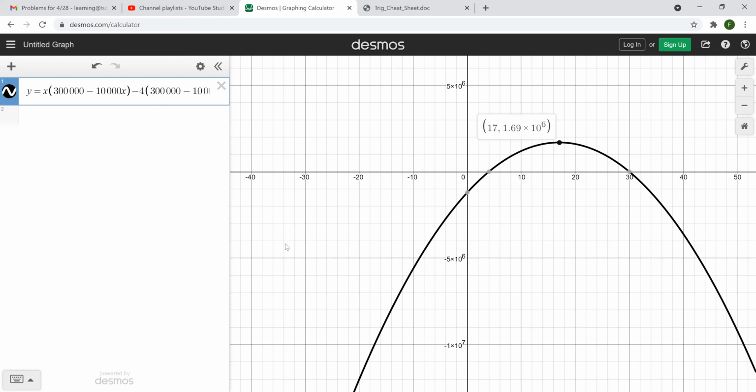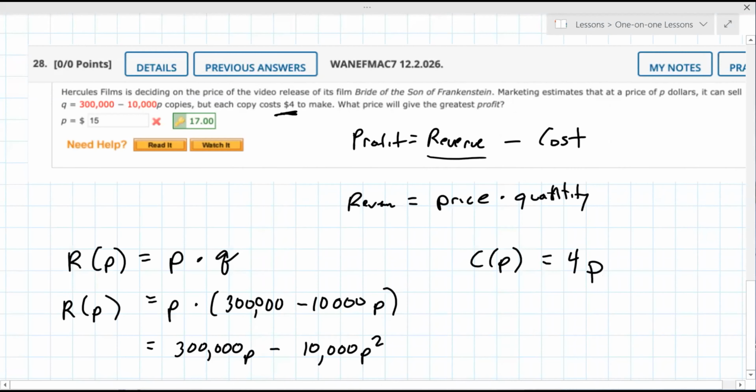I'll try to explain that now, going back to the other screen, and do a better job of that. Let me do that real quick. Okay, so the cost over here, if you're seeing my screen, is a function of P, but cost is 4 times the quantity that you make.